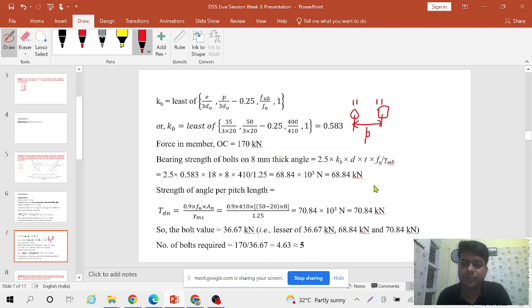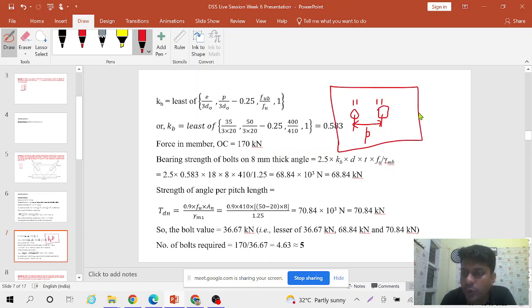Sir, why is it in the direction of the loading? Why not perpendicular? This direction is called gauge. See, if there is a plate, let us suppose this is a plate and you apply this load, the tendency of failure will be from here also.